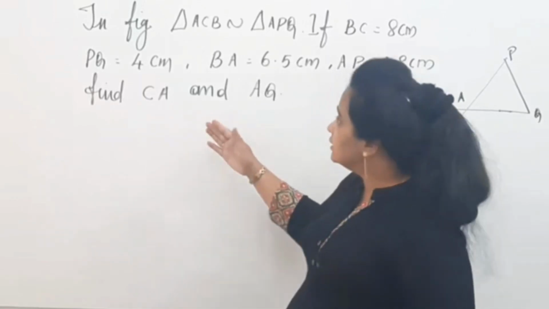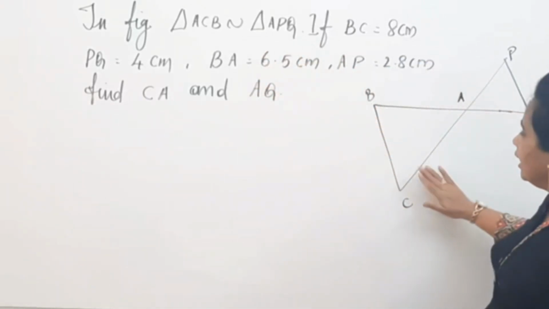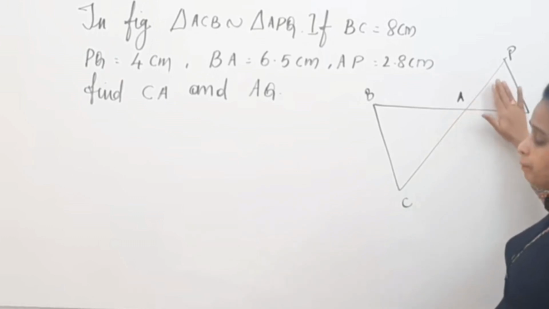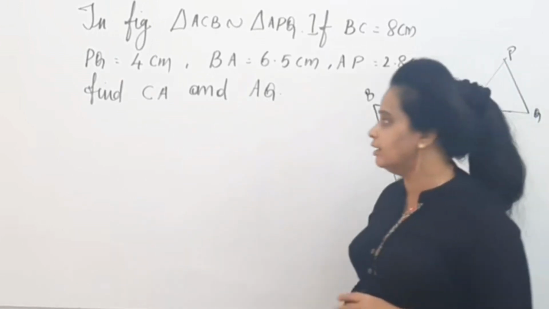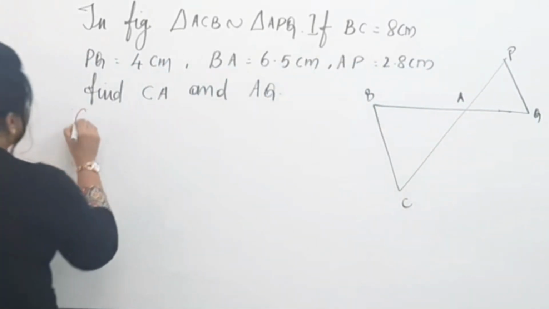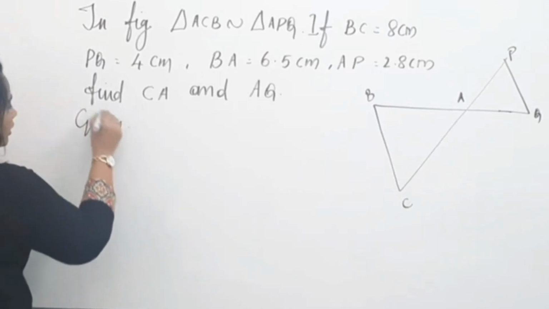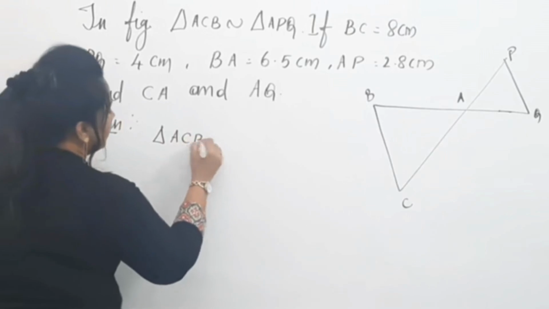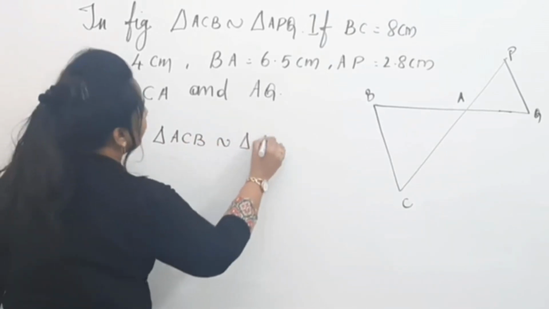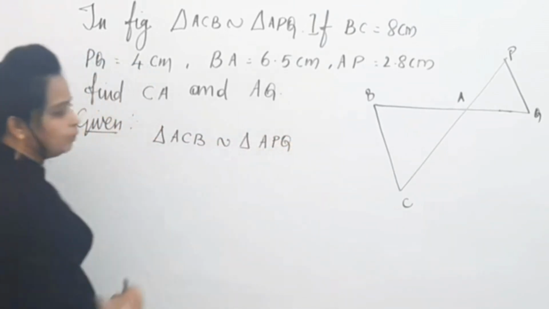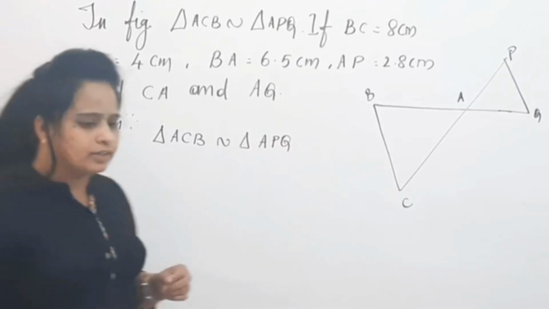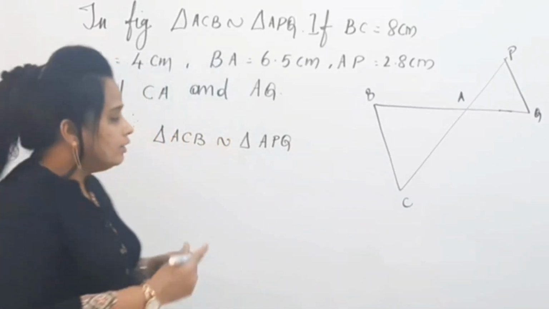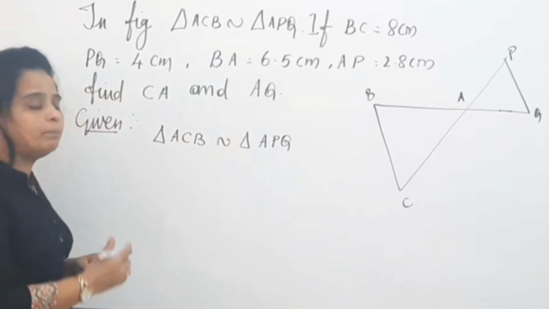Now children, in this question, triangle ABC and triangle APQ are similar. It is given, so triangle ACB is similar to triangle APQ in that figure. Now I told you, whenever two triangles are similar, the following conditions will be applicable.